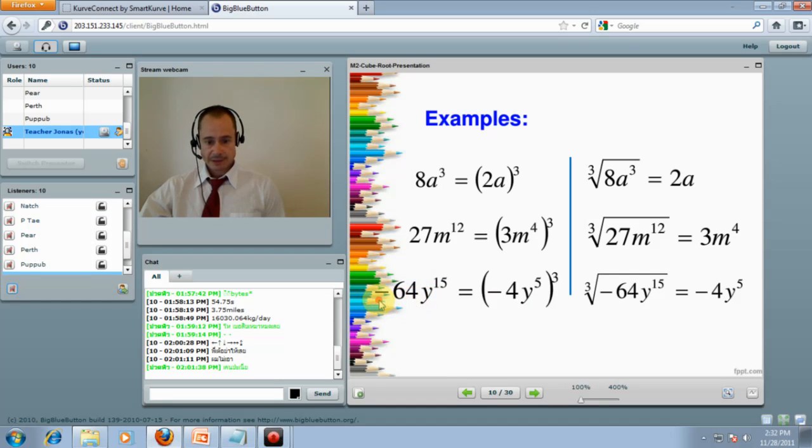And then we have minus 64 y to the 15, and it's the same thing here. You look at minus 64, that is minus 4 raised to the power of 3, and y to the 15 is y to the 5 raised to the power of 3. That means the cube root of the whole expression is the same as this here.